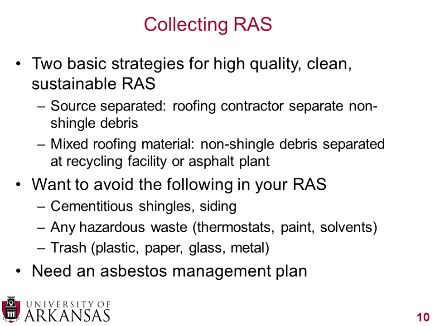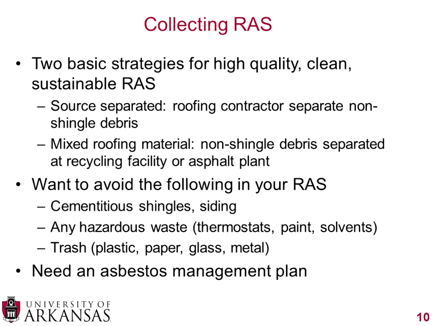There are 2 basic strategies in order to obtain high quality, clean, and sustainable RAS. If pavement contractors are looking to obtain a steady stream of high quality RAS, you want to make sure that it is somehow separated. This can either be done at the source, so the roofing contractor needs to separate the non-shingle debris out of the shingles themselves before transferring them to your plant.